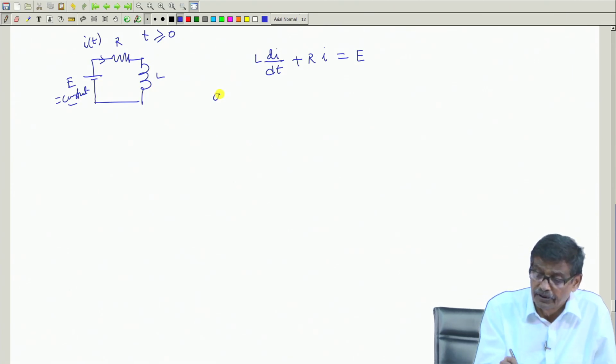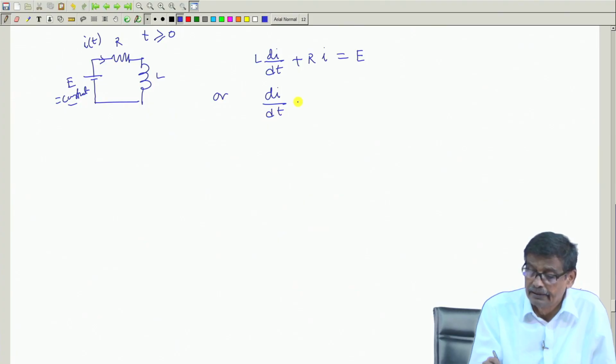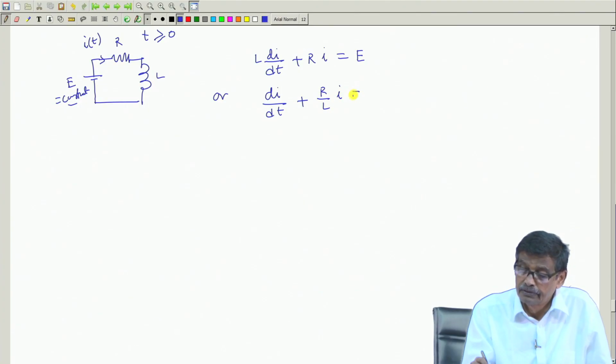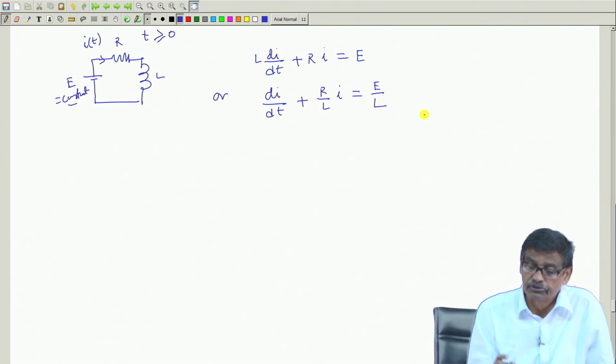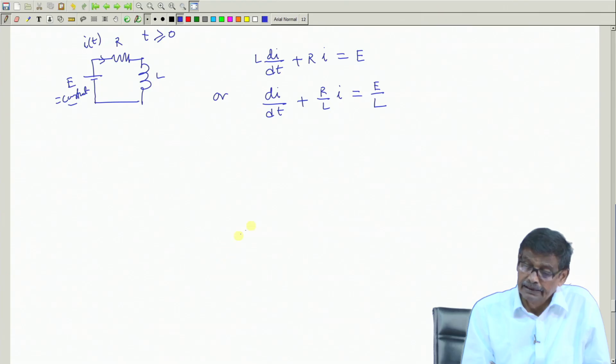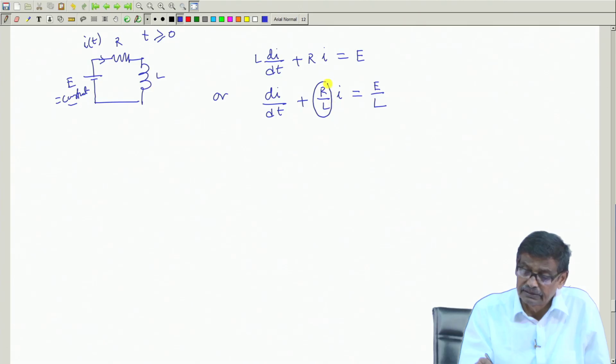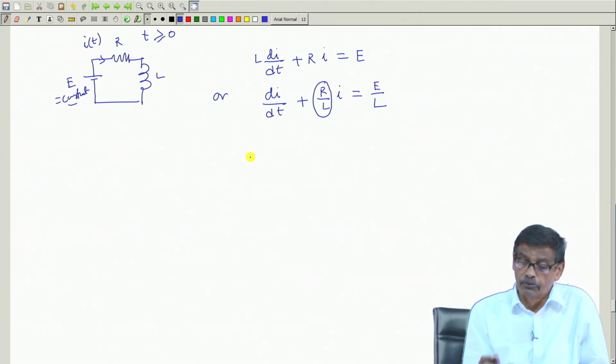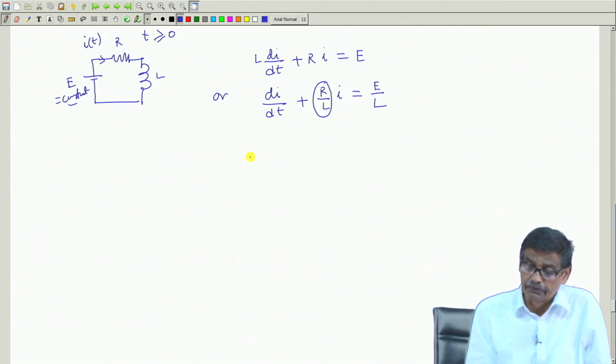So, what we do first is we divide by L. So, this is di/dt plus R by L into i is equal to E by L, that is, divide both sides by L. Then these numbers R, L and E are constant. So, this constant plays a crucial role in solving the differential equation.